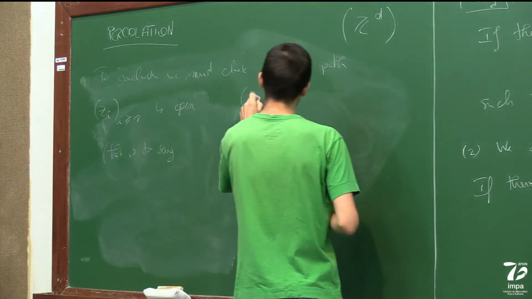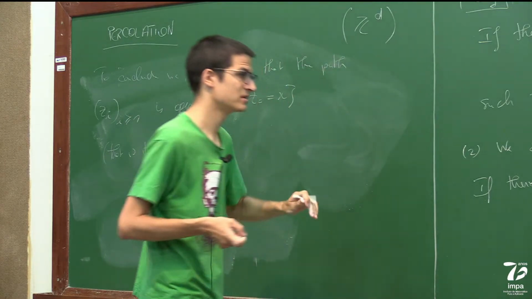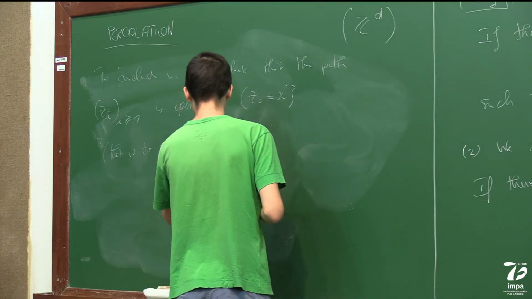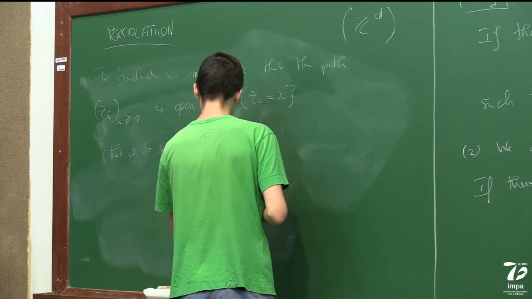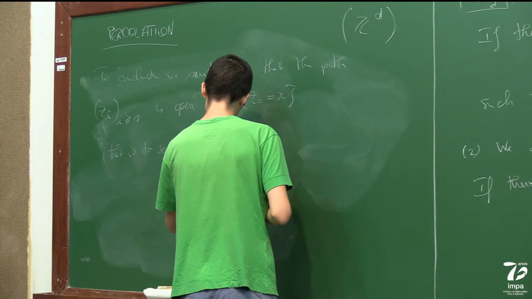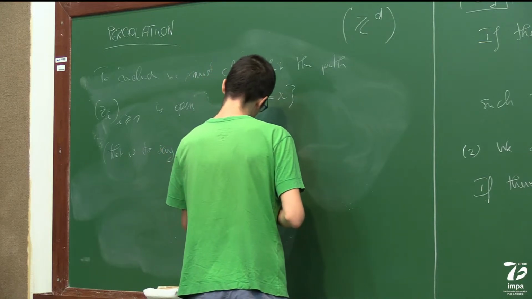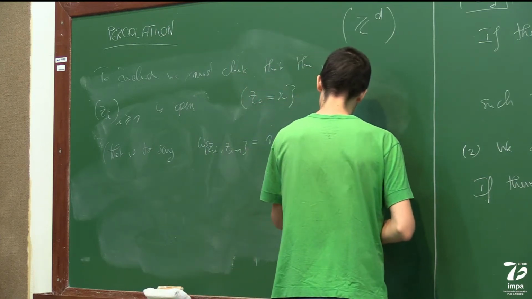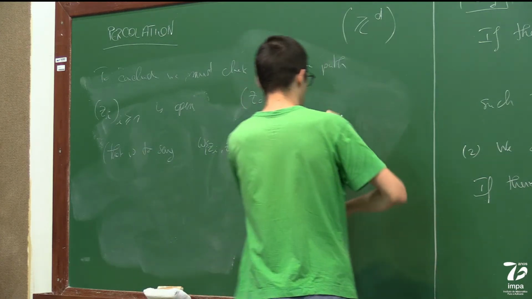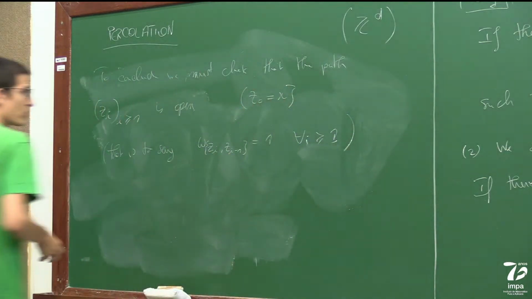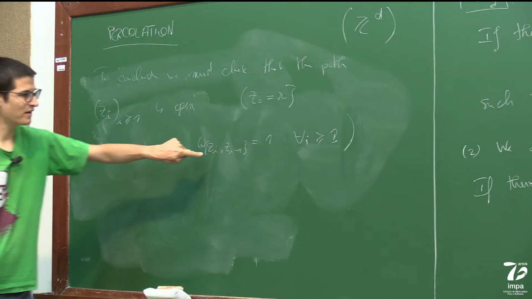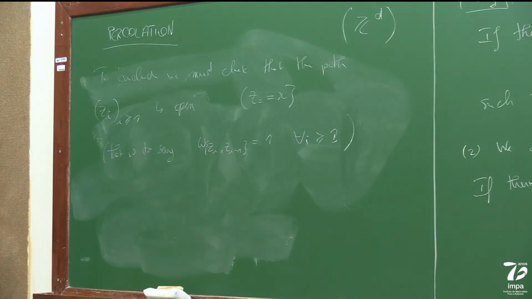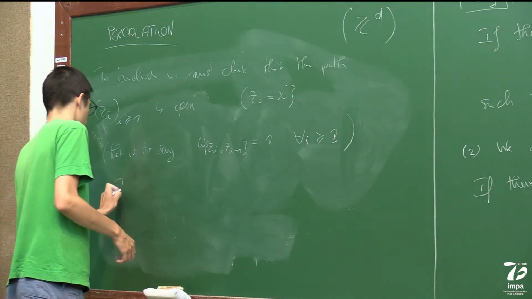And we said Z0 equal X by definition. I have not defined what Z0 was. And the fact that this is equal to 1 is just a consequence of the fact that gamma i is non-empty.